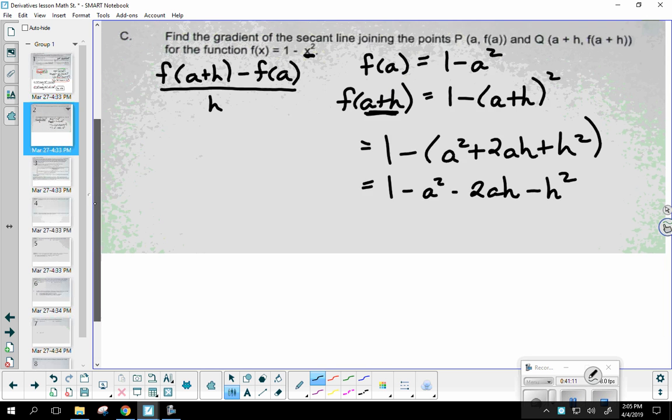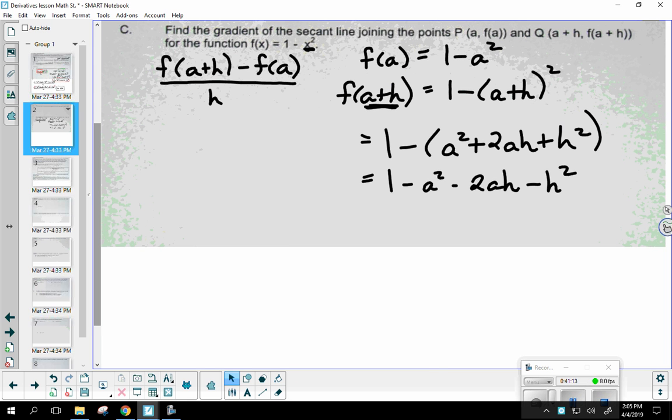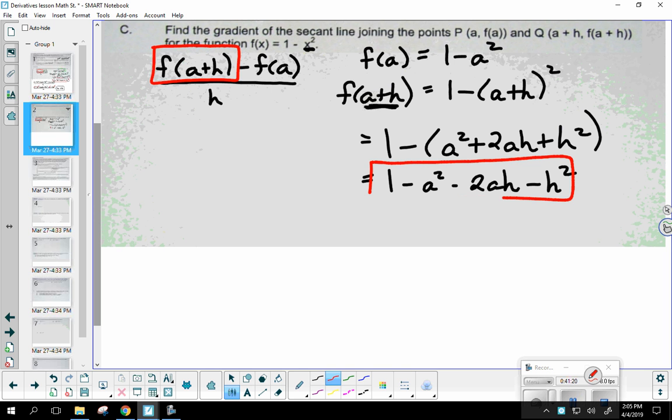So now, these two parts that I found, in order to start the formula, I need f of a plus h. Well, I have that right here. So I'm just going to replace f of a plus h with this expression. 1 minus a squared minus 2ah minus h squared. Okay.